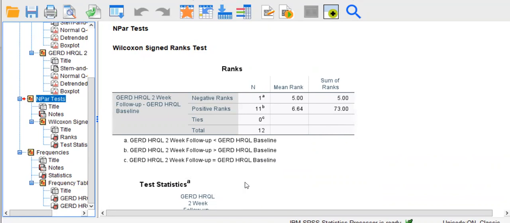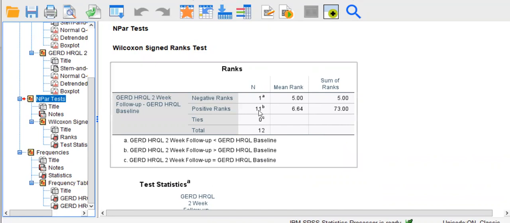The easiest way to understand this table is to pay attention to the superscript letters here. So 1 superscript A will go down to A. This table is telling us there is one instance where a patient's 2-week follow-up score was less than or lower than their baseline score.